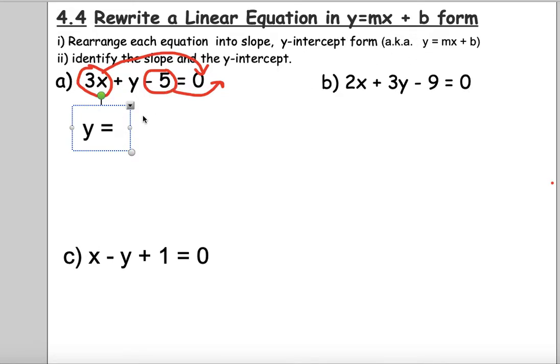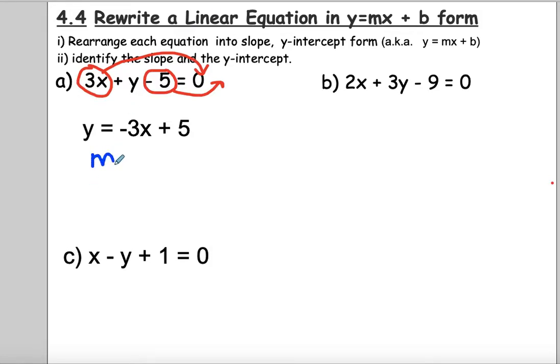And it is going to be equal to negative 3x. Negative because we're taking a positive 3x and sending it to the other side. Plus 5, because we're taking a negative 5 and sending it to the other side of the equation.